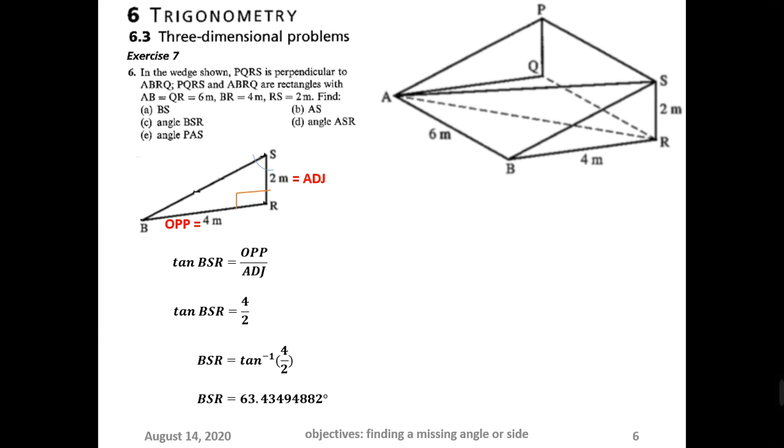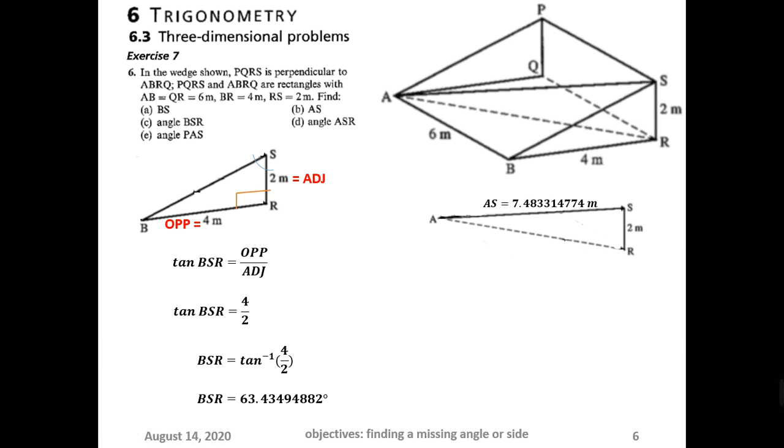Let's go to the fourth part of the question, angle ASR. So we're going to take this section from the 3D object, and let's draw a little sketch for it as following.